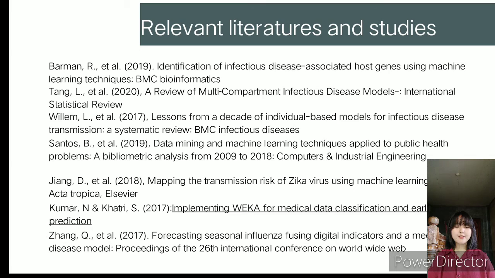These are the relevant literatures and studies which the researchers used. They are categorized depending on the function used in the system, which are the prediction of infectious diseases, the use of Google Map API, mapping, forecasting, and the use of Weka for data mining.